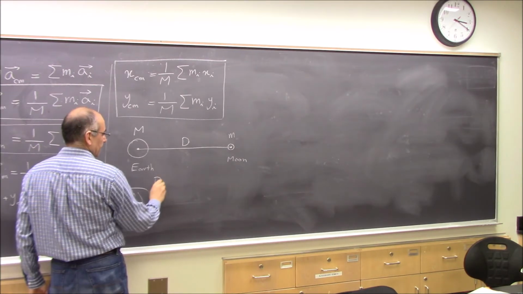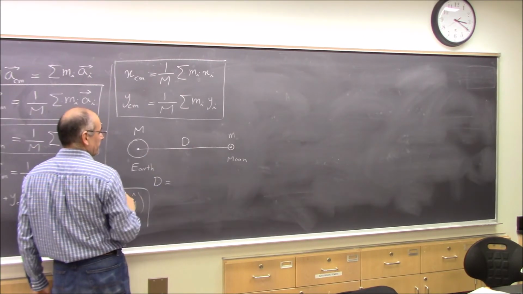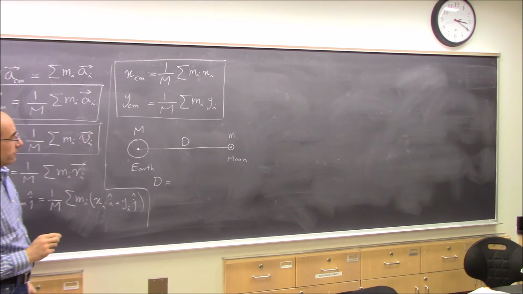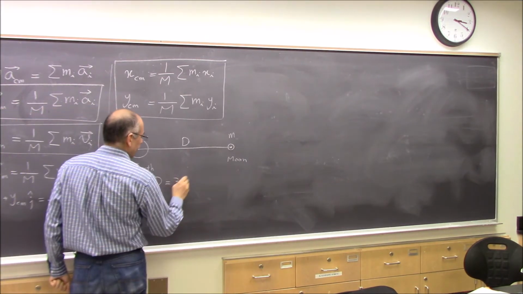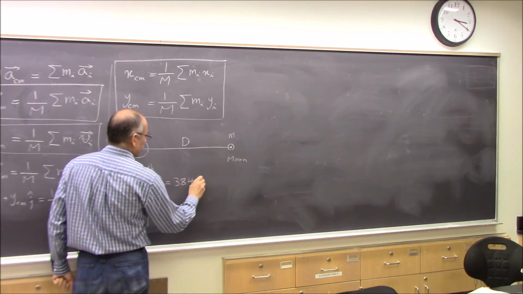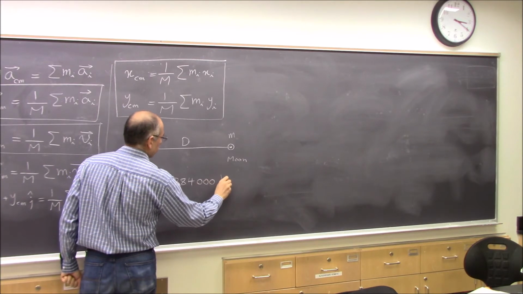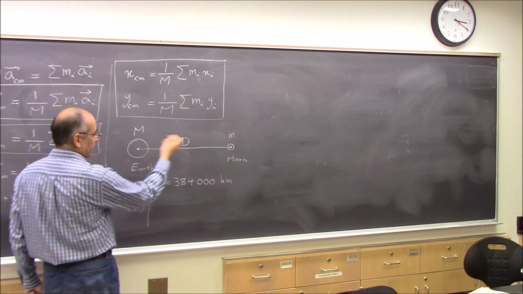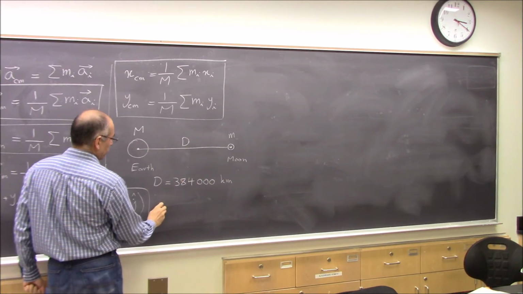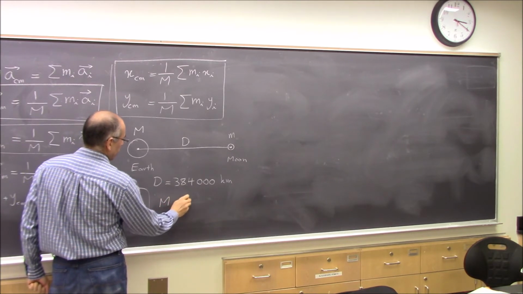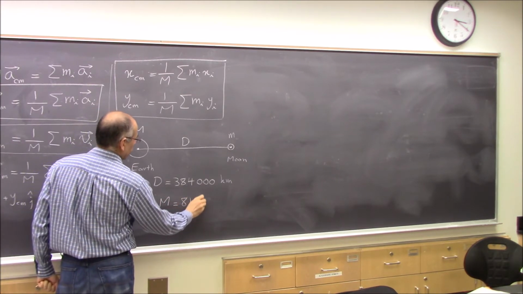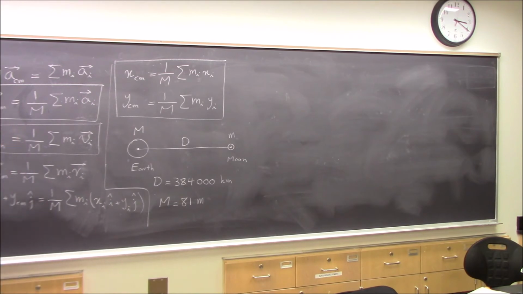In astronomy, d, the distance between the Moon and Earth, center to center, is 384,000 kilometers. We know the mass of the Earth and mass of the Moon. Actually, the mass of the Earth is equal to 81 times the mass of the Moon.